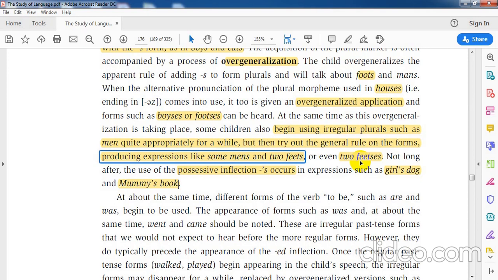In a later stage within the development of morphology, children may be able to use the possessive inflection s, which can occur like girl's dog, mommy's book. So here there is another progress in the development of syntax, as you can see.